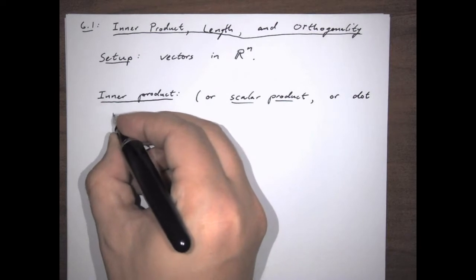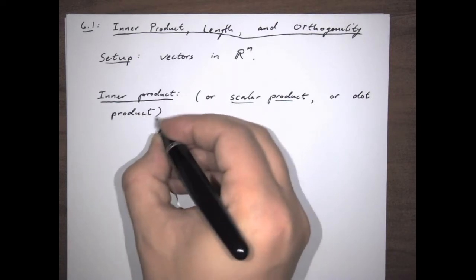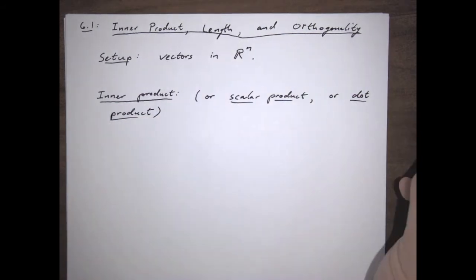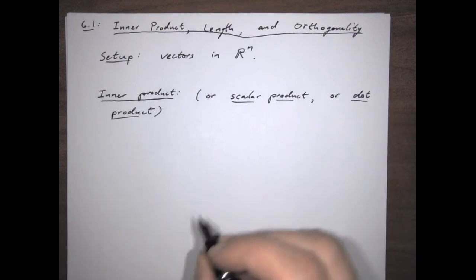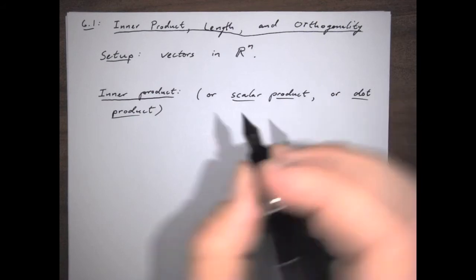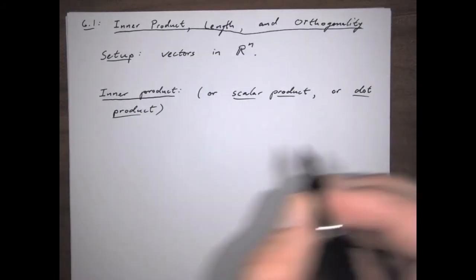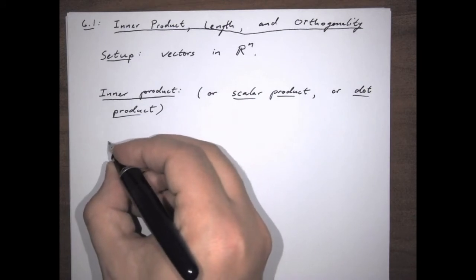So it's typically written with a dot, as opposed to the other kind of product of two vectors, which is the vector product, which is written with a cross. This one is typically referred to by the nickname dot product, which is a shout out to its notation.